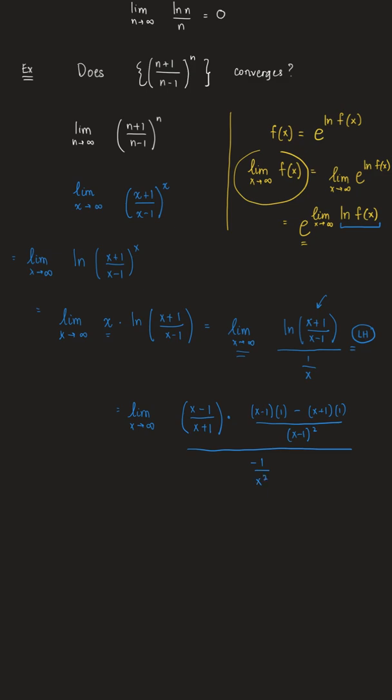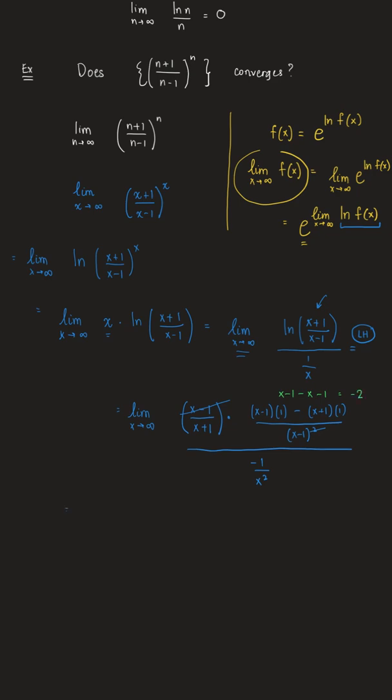Well, what happens here? This x minus 1 cancels with one of these x minus 1s. In the numerator, this is x minus 1 times 1 minus x minus 1, so in the numerator I have a negative 2.